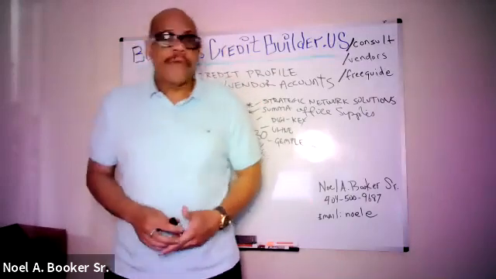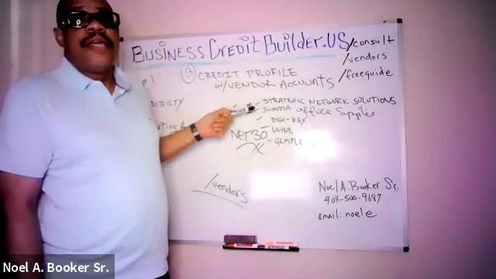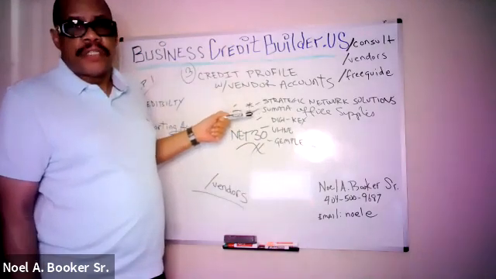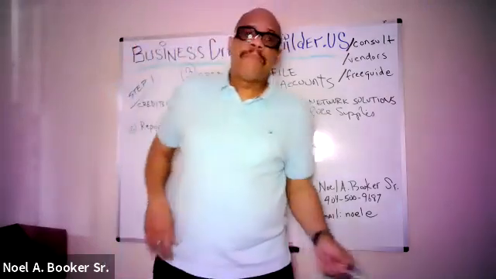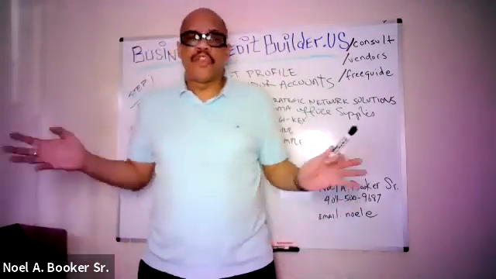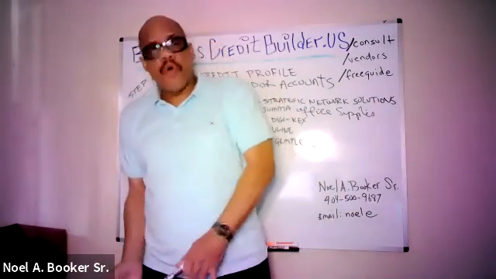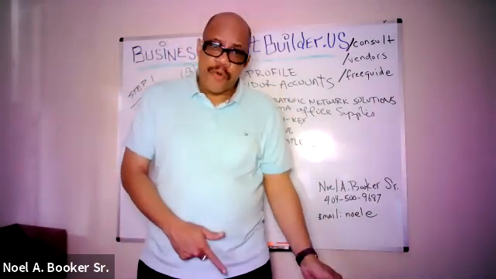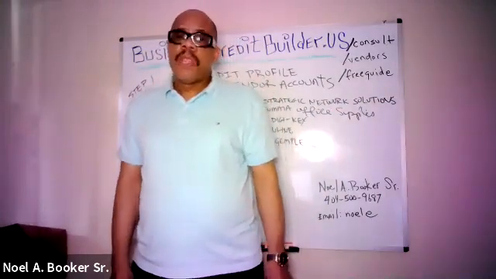Strategic Network Solutions and Summa have increased their minimum order to $75, just so you know. But basically, the general principle is make sure you spend $50 or more. Some vendors will not report to the business credit reporting agencies unless it's $50 or more.